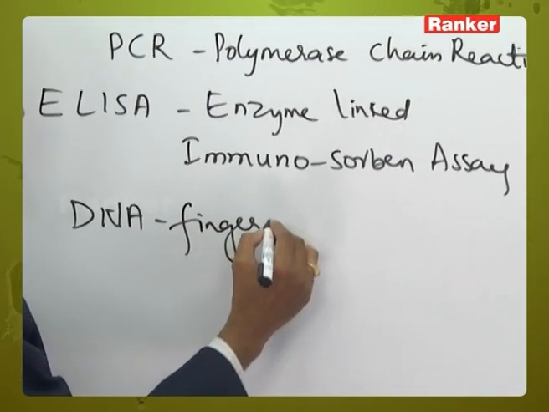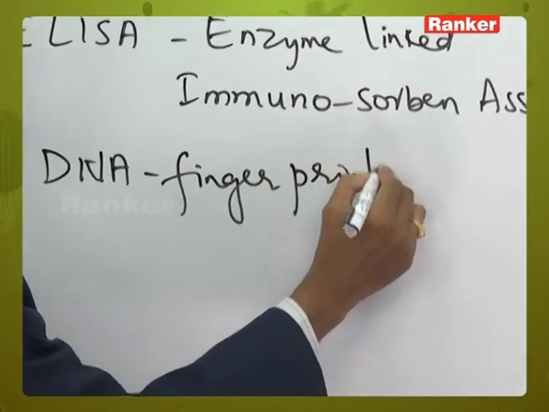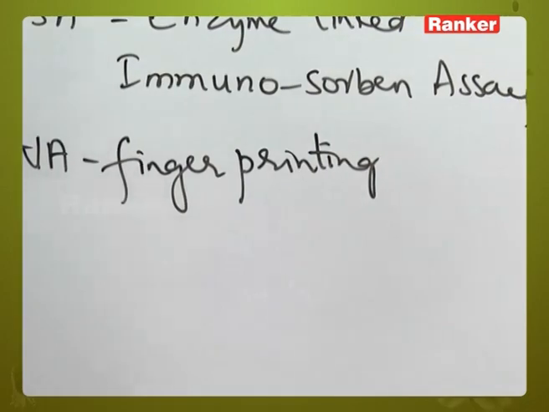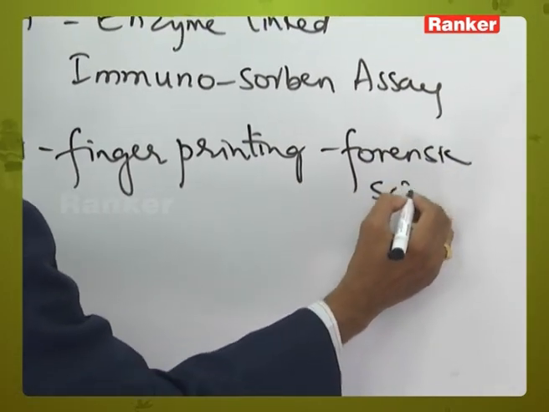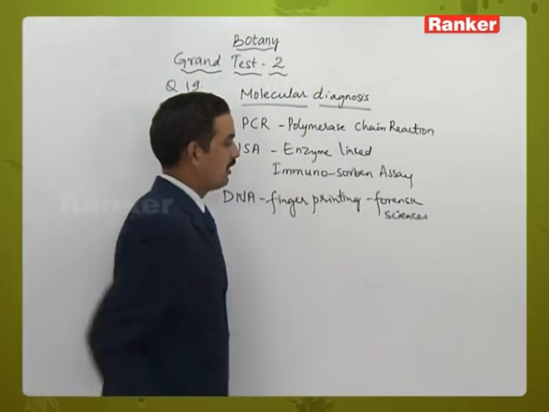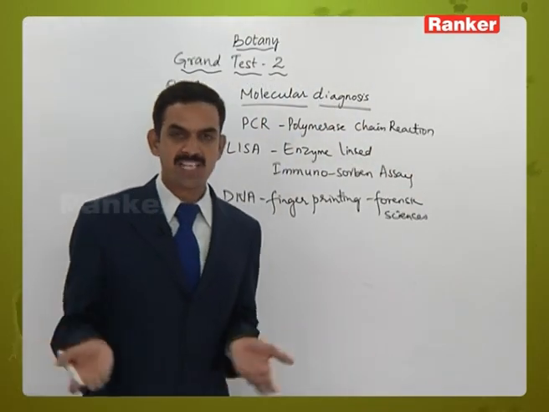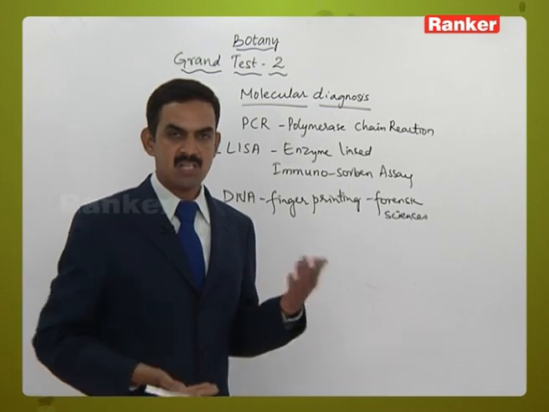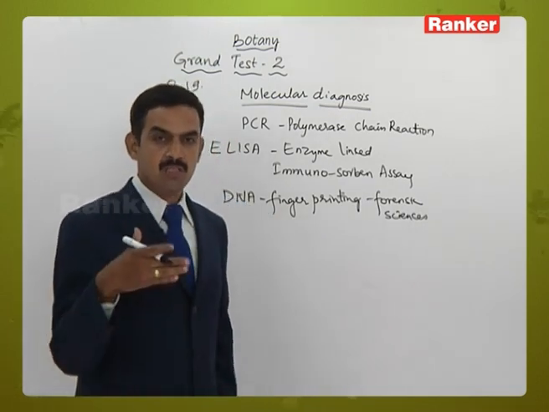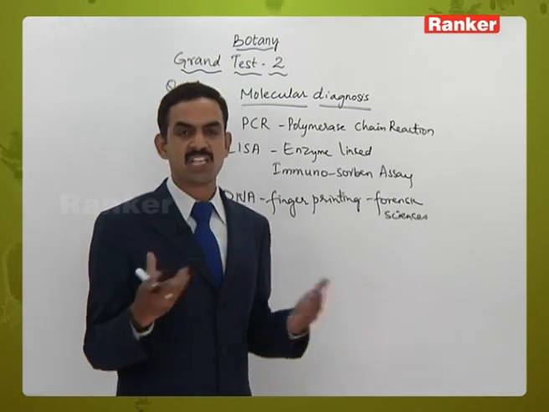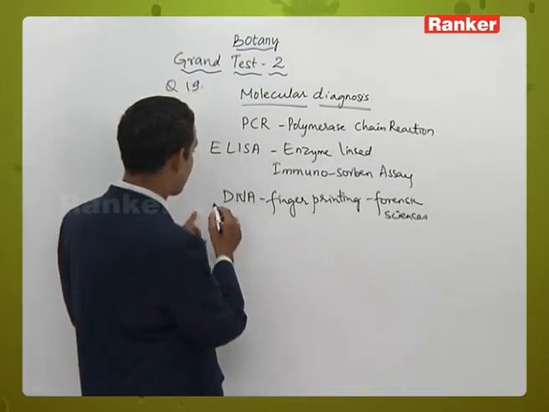DNA fingerprinting is useful in forensic sciences in identifying the culprits who had participated in some murder or something else. Okay, right? And also it is useful for disputes related to children and parents. This is not related to this aspect.